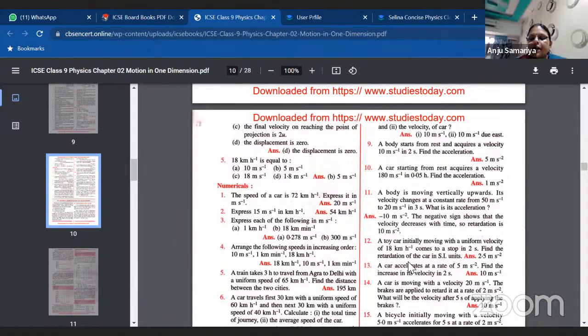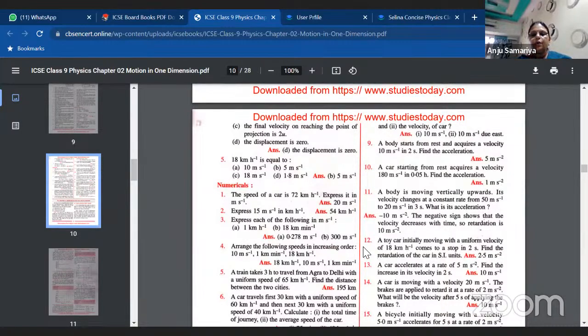Acceleration is -2, because this is retardation. Final velocity is 10.